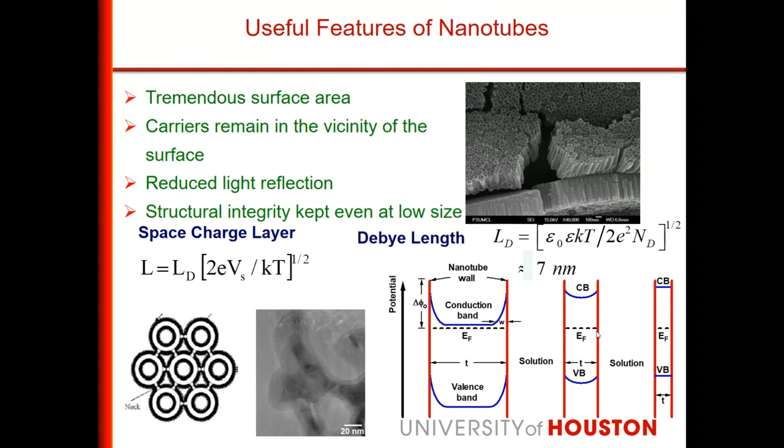So if it absorbs light, the charge carriers are generated in the wall, and these electrons and holes can easily come to the surface before getting recombined. So the large surface area, as well as this, facilitates the charges to come to the surface for the reduction or oxidation reaction.